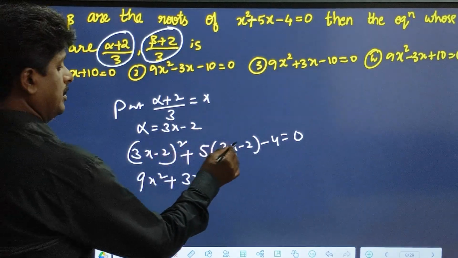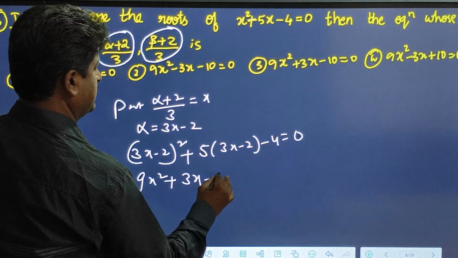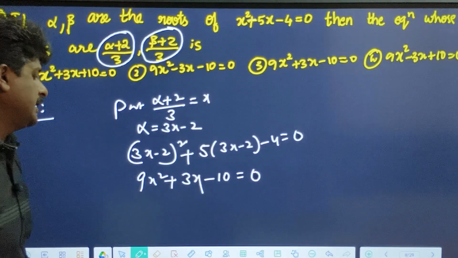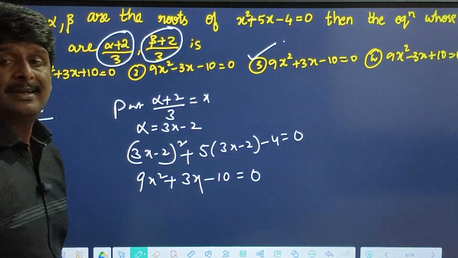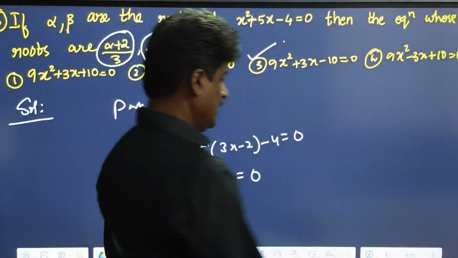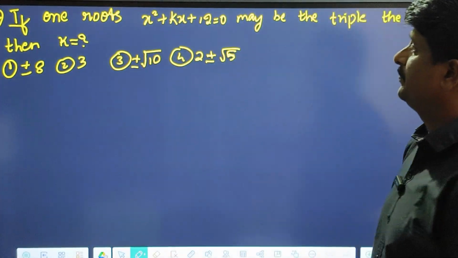Constant terms, 4 gets cancelled, minus 10 is equal to 0. 9x square plus 3x minus 10 is equal to 0 can be seen in the third option. Okay, let's move on to the next question.